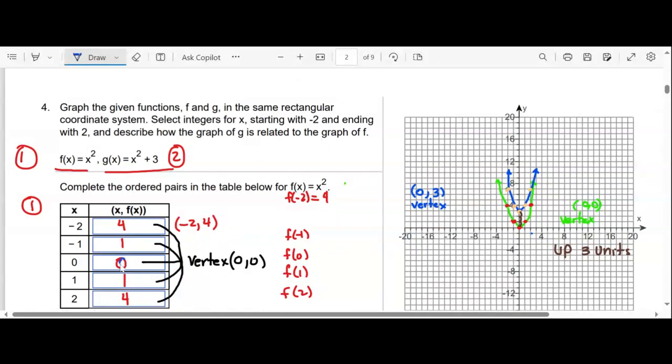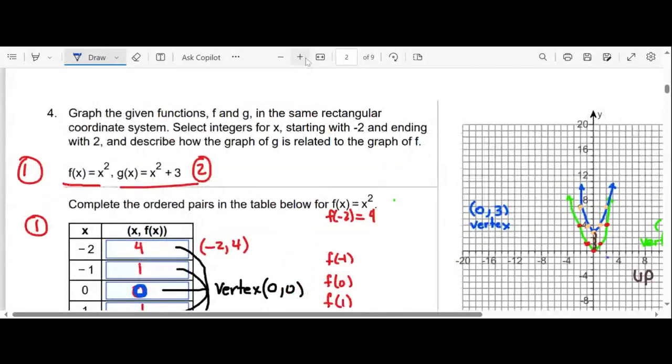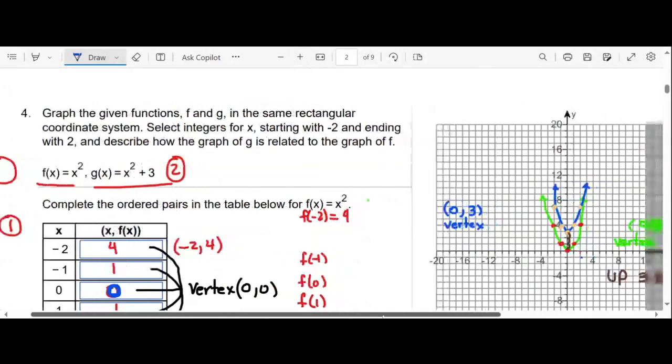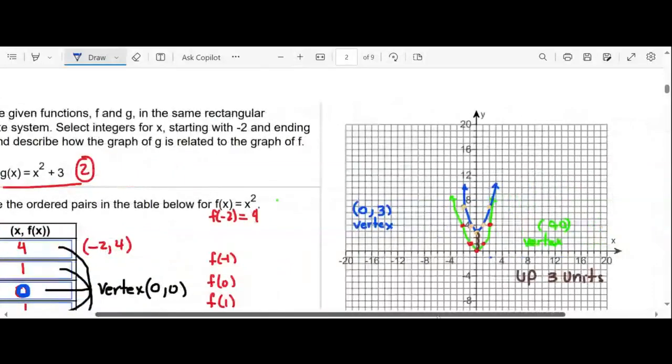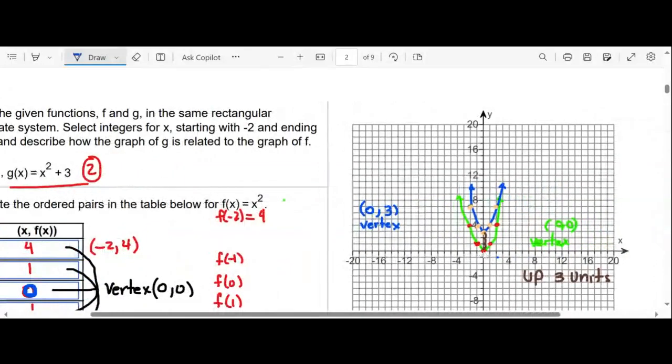Notice that 0 is the middle number, right? The above is 1 and 4, and the bottom is 1 and 4. So 0, 0. Where is 0 and 0? Let's put the numbers. In the middle here. What's the next number?